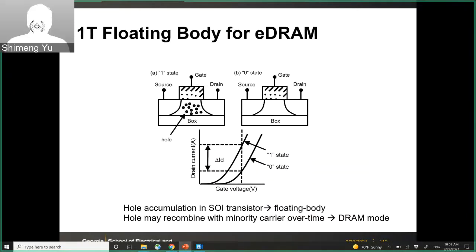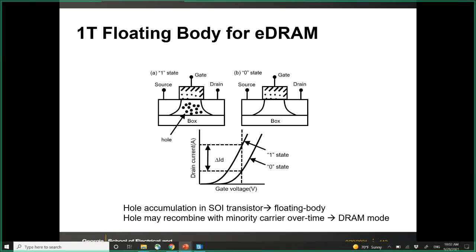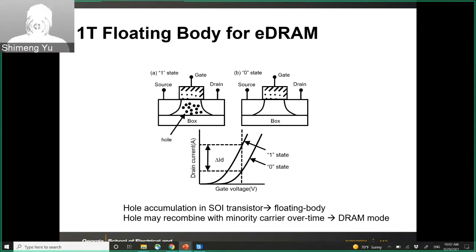And then I will introduce a few more advanced concepts to build the eDRAM. This is still in the research stage. The first one is called the 1T floating body eDRAM. In this case, we get rid of that capacitor. The whole cell is just one transistor, but this transistor is on the SOI platform.